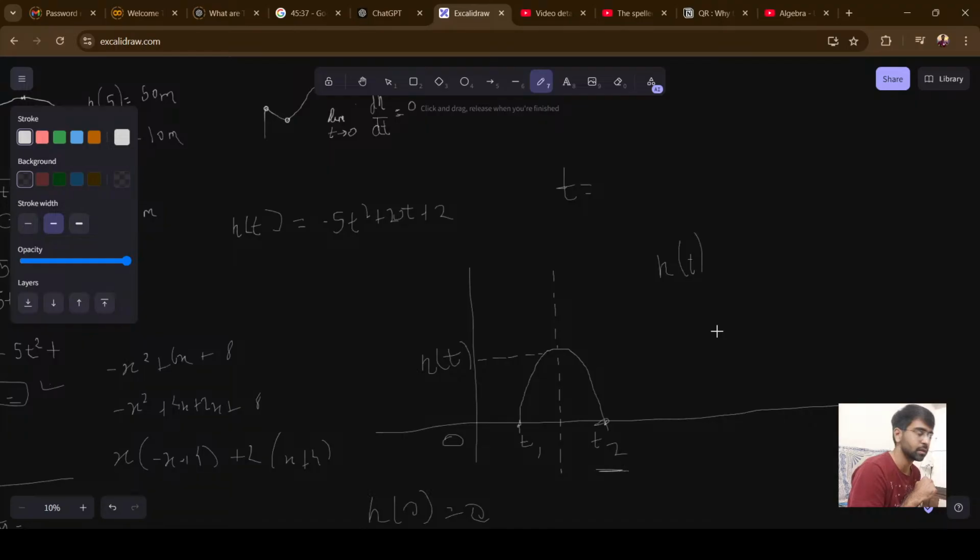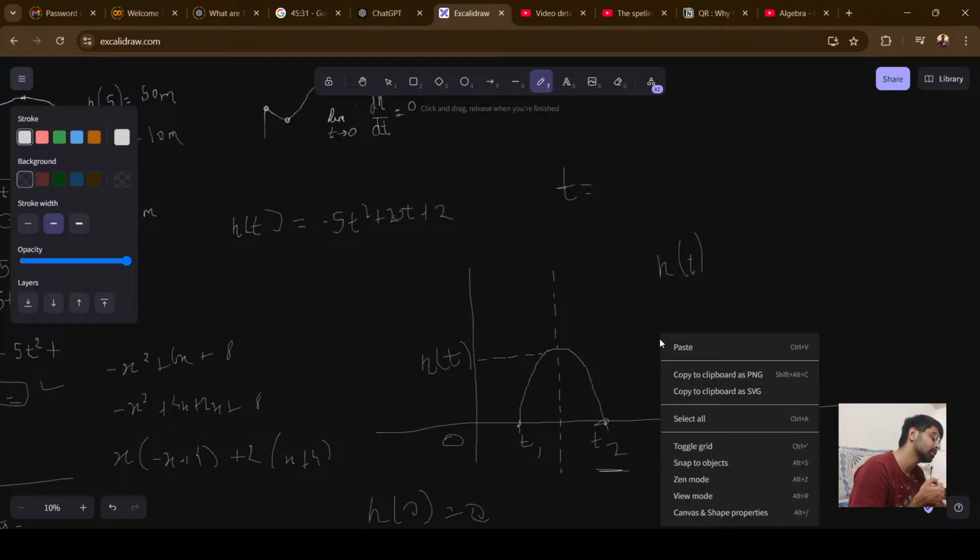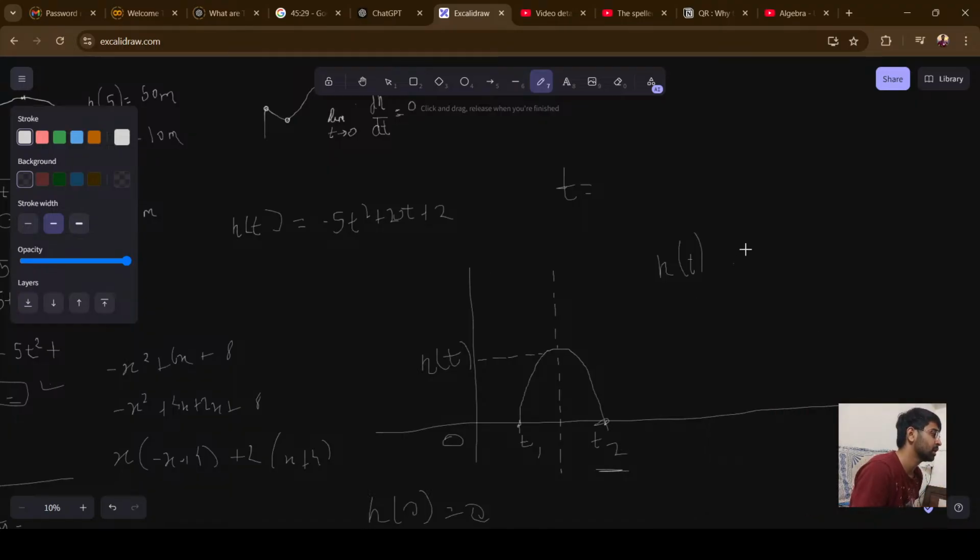How many seconds? For that we have to take derivatives, because derivatives give us the instantaneous change in slope. It means that at a particular point, we can tell if the function is increasing, decreasing, or staying constant.